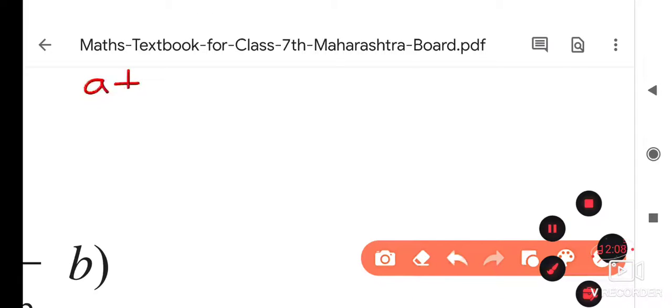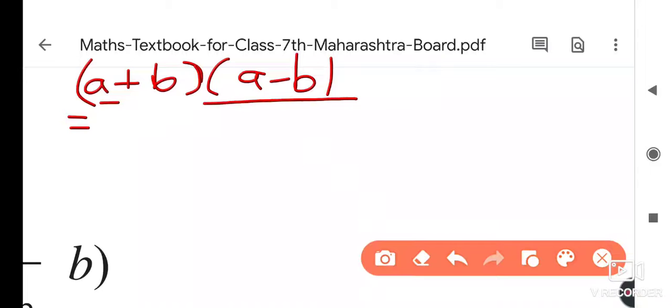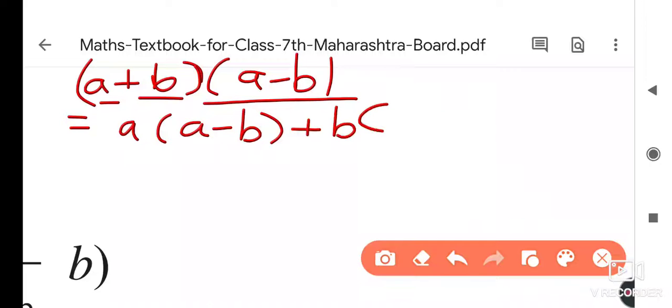(a plus b) and here (a minus b). As I told you, a into this whole bracket, so a into (a minus b), and plus b into (a minus b).